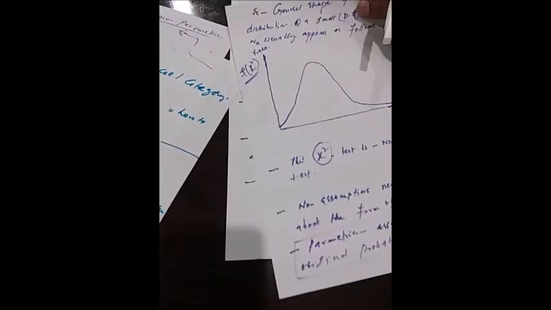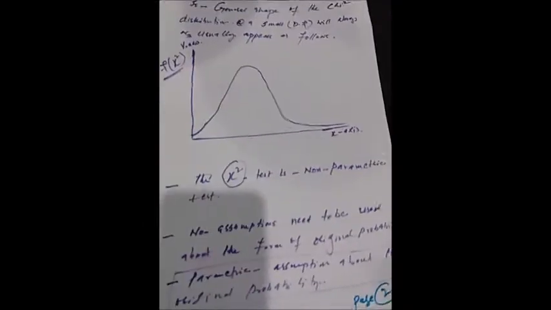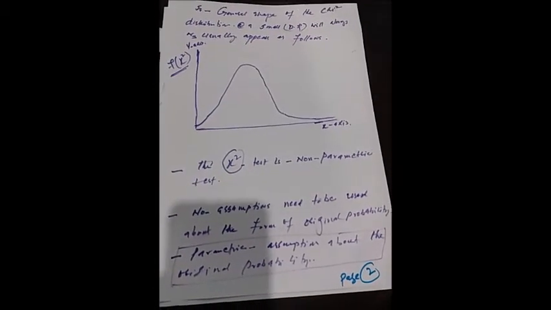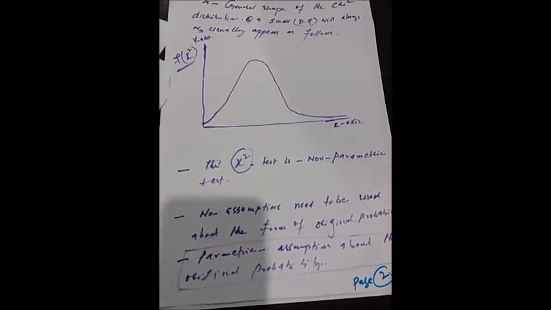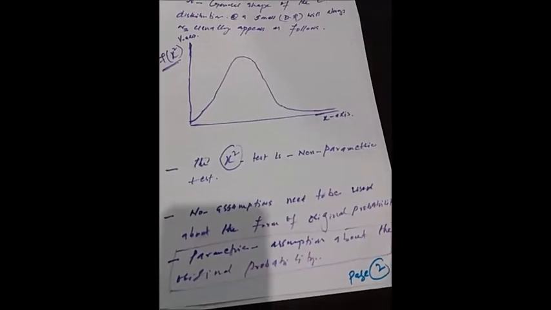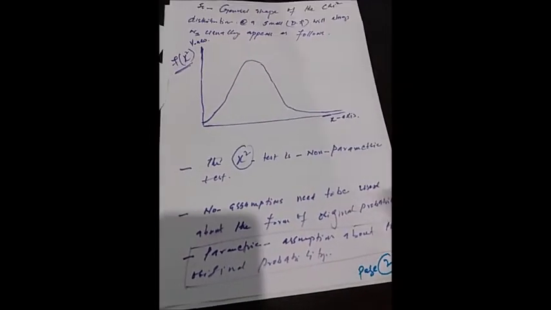And this is the second page, in which we graphically represented the structure of the chi-square, whether it is skewed or normal, right skewed or left skewed.